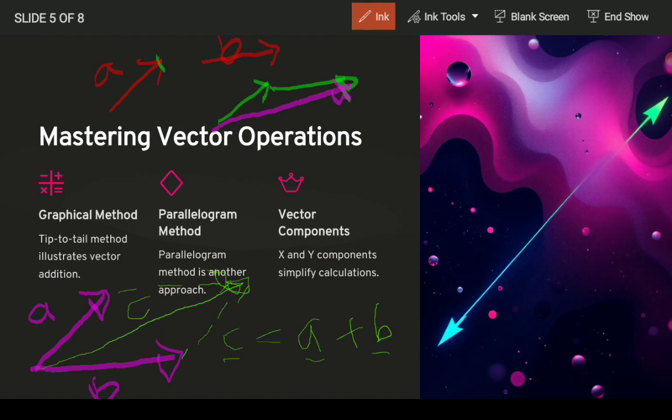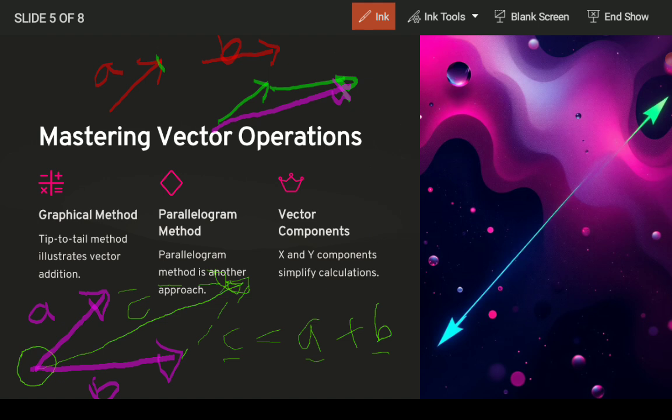Take note that this method is used when the two vectors are touching each other at their tails, meeting at that point. By completing the parallelogram, the diagonal gives you the sum of the two vectors. That's very important to note.